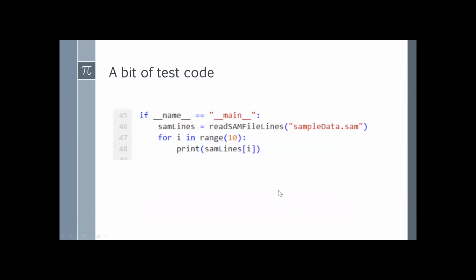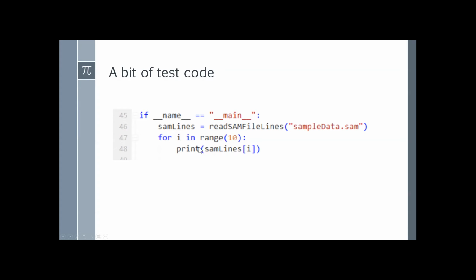So we'll also throw in a little bit of test code at the bottom, again that thing to say, if we're calling this directly, then SAM lines equals read SAM file lines, and we're going to open up the file sampledata.sam. And for i in range 10, so basically for numbers 0 through 9, we're just going to print the SAM line at each index.